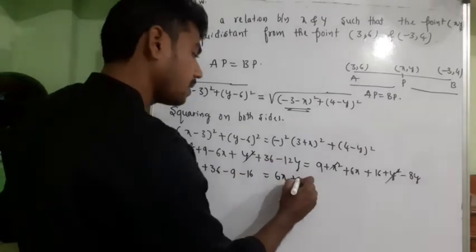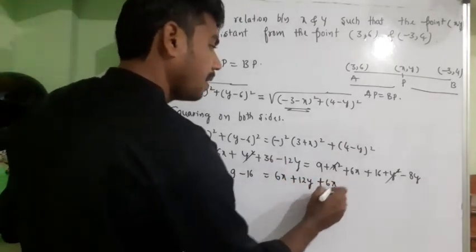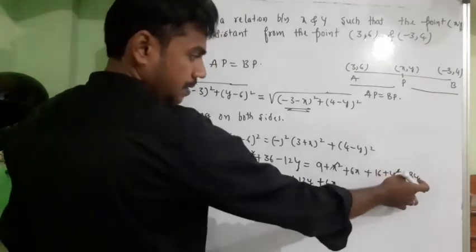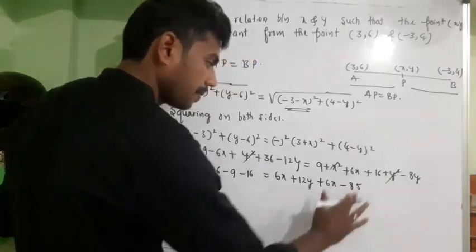Minus 12y, it will become plus 12y. So plus 6x is there. Next, minus 8y is there. Okay.